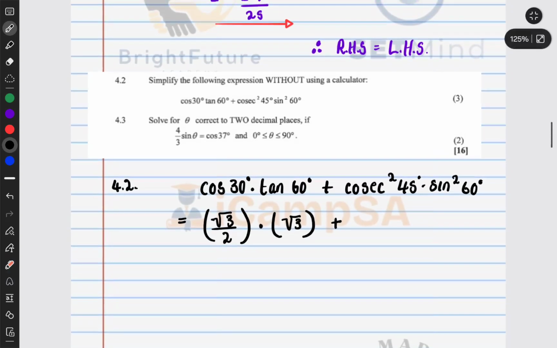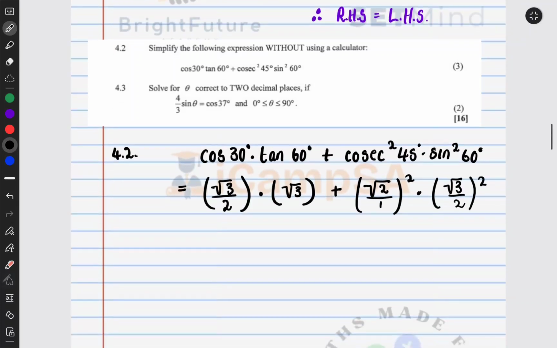So for cosec 45, the hypotenuse is root 2 over 1, squared, multiplied by sine squared 60. What is sine of 60? Sine 60 is opposite over hypotenuse, root 3 over 2, squared.